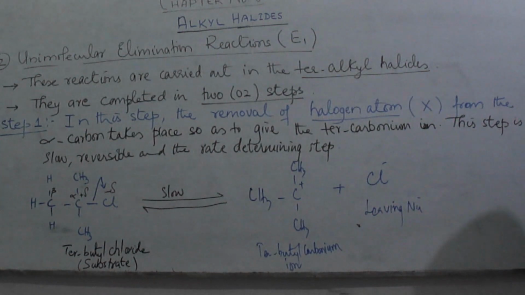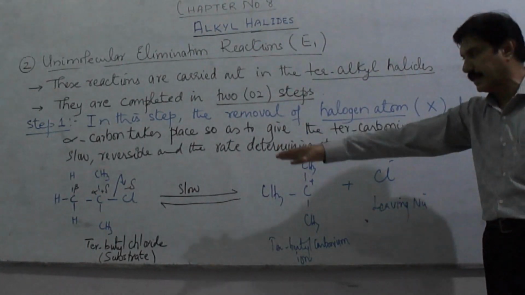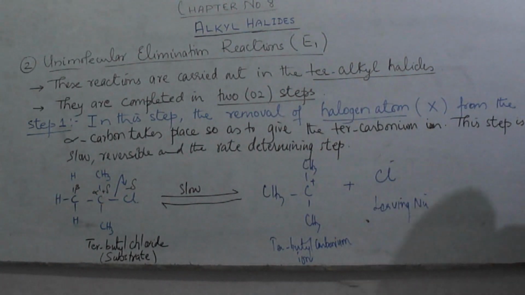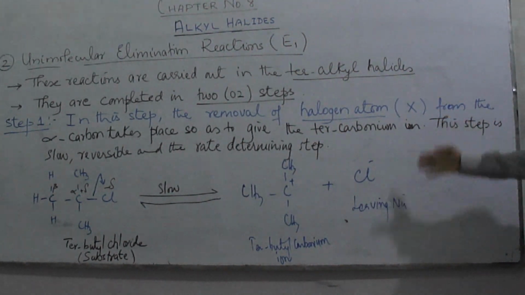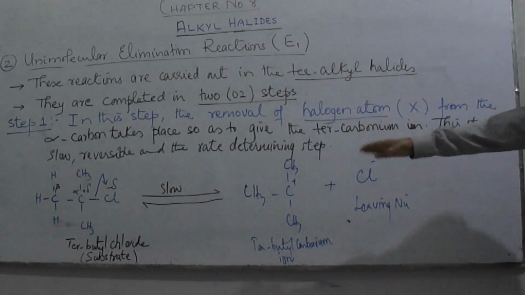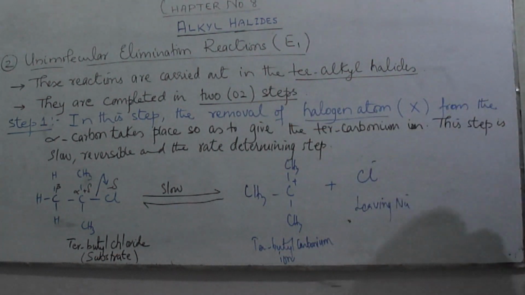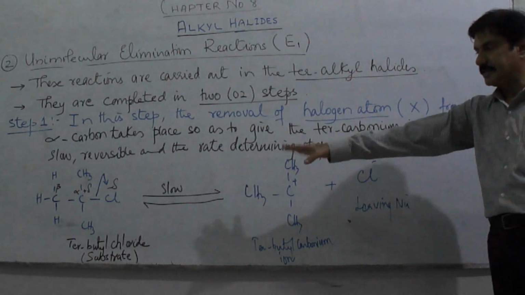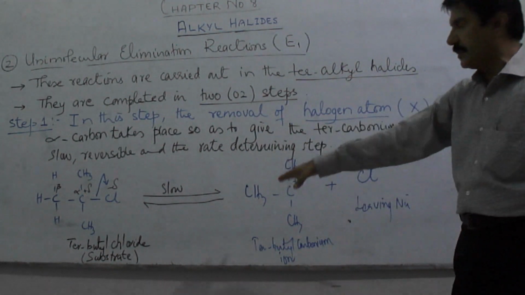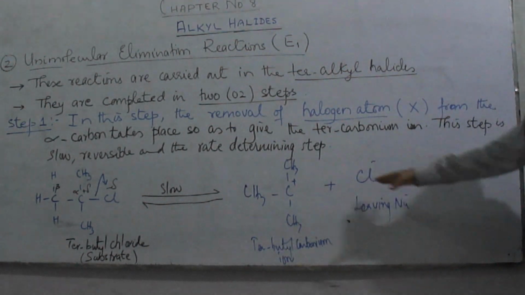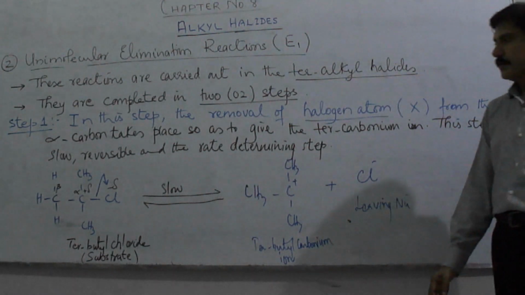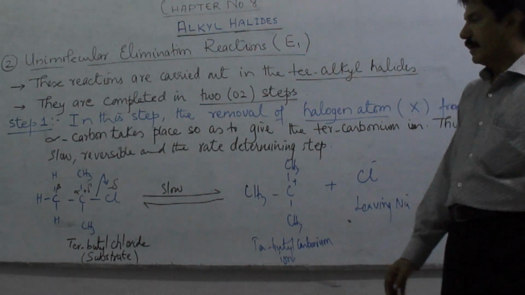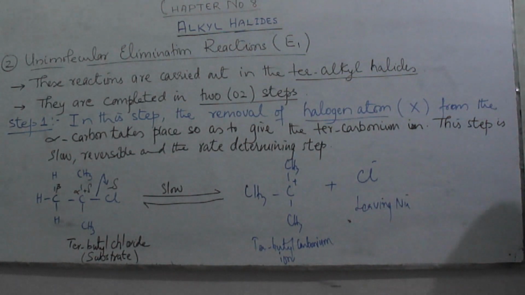Breaking of the tertiary alkyl molecule, ionization of the tertiary alkyl molecule to give the tertiary butyl carbonium ion and the leaving nucleophile in the form of a halogen atom. This step is slow, reversible and rate determining, because until the breaking of the alkyl halide molecule takes place, the attacking nucleophile will never attack the beta carbon.